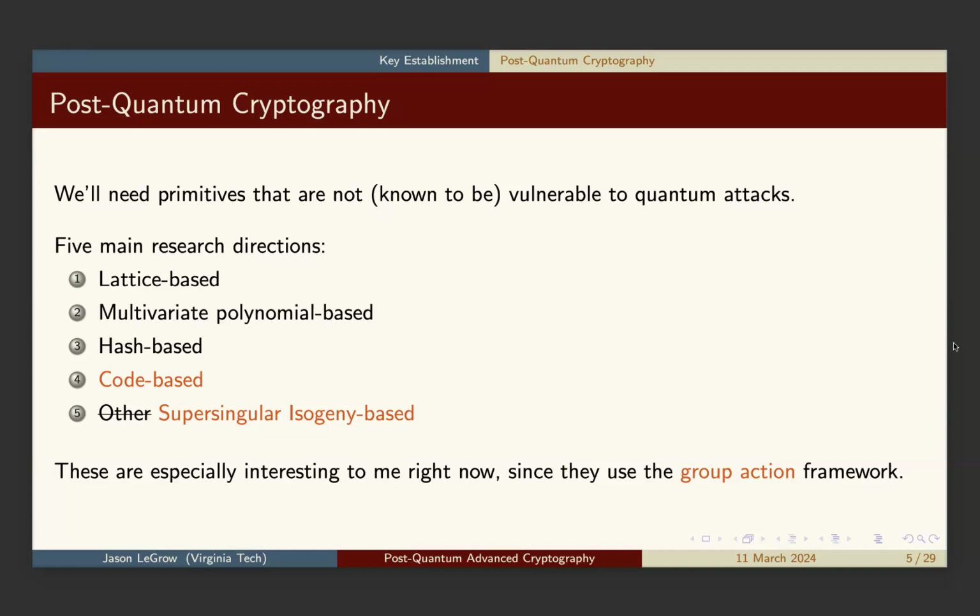A lot of my recent work has been wondering: if I can make something in isogeny world, can I translate it to code world by considering group actions? And it turns out that it's not so trivial, at least it doesn't seem to be. Anyway, this is what I like to work on right now, so that's what I'll be talking about in the rest of the talk mostly.